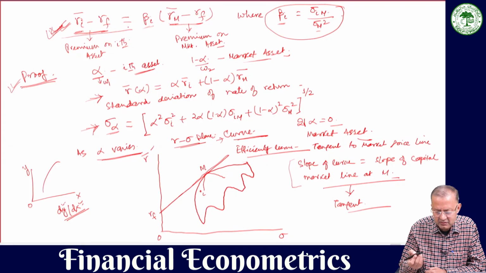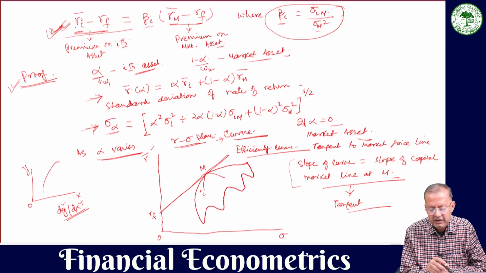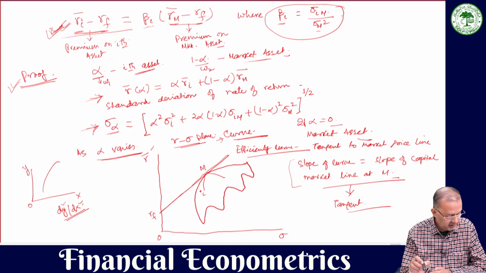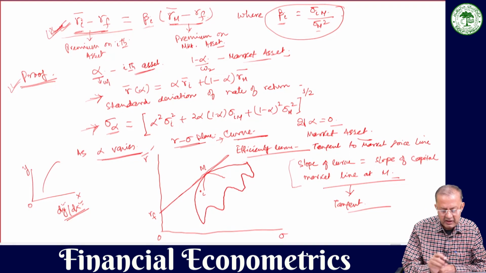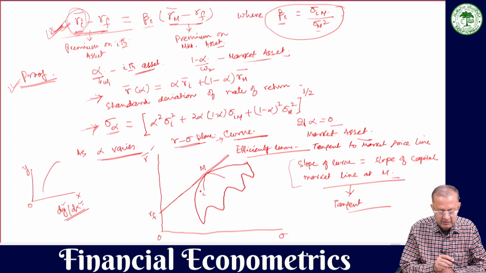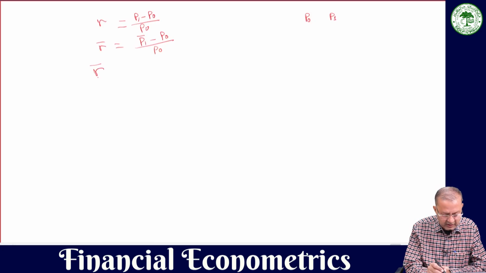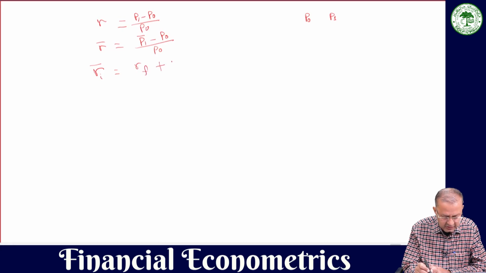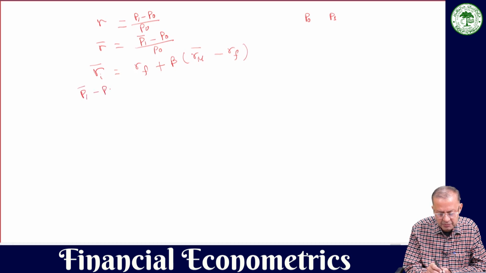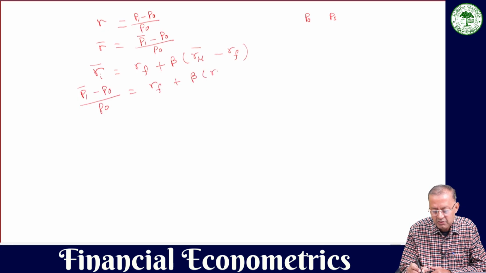The average rate of return of an asset is equal to Ri bar is equal to Rf plus beta into Rm bar minus Rf. We will be using this equation and replace the rate of return on the ith asset, Ri, by this expression. So Ri bar, P1 bar minus P0 upon P0, is equal to Rf plus beta into Rm bar minus Rf.